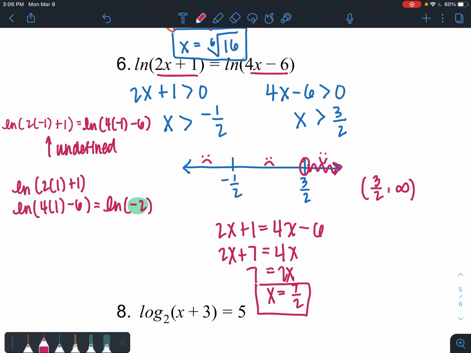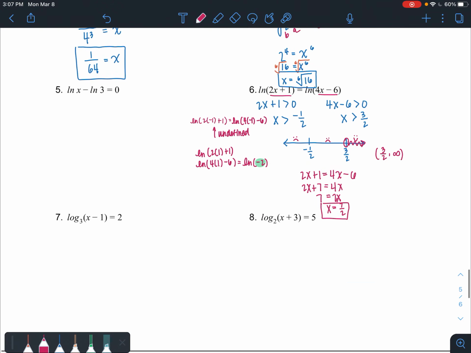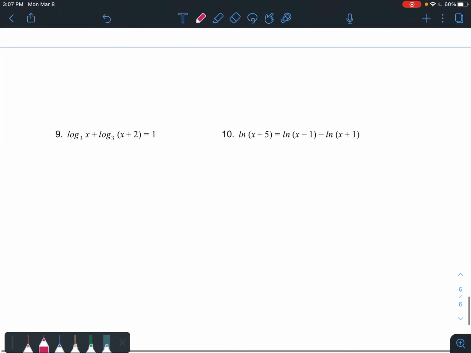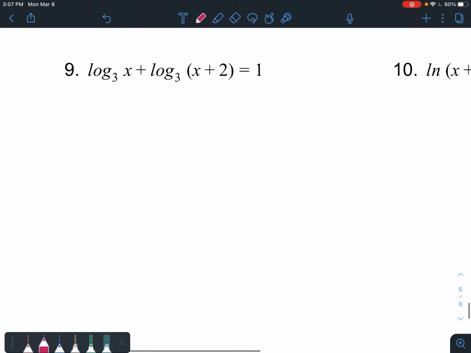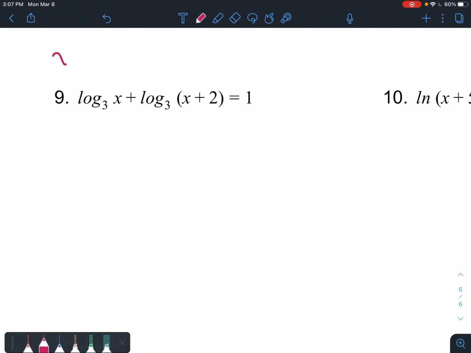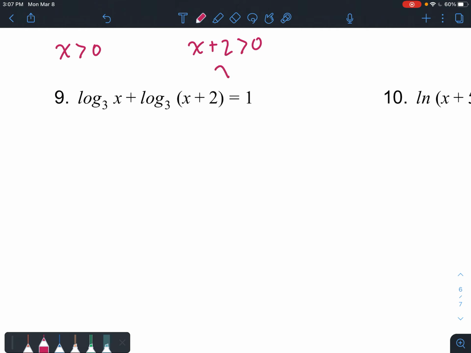Okay, let's do one more here. All right, looking at this one here. To find the domain, I'm going to set x greater than 0 and x plus 2 greater than 0. So I get x is greater than 0 and x is greater than negative 2.